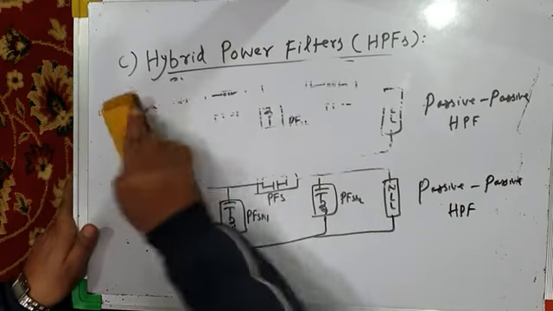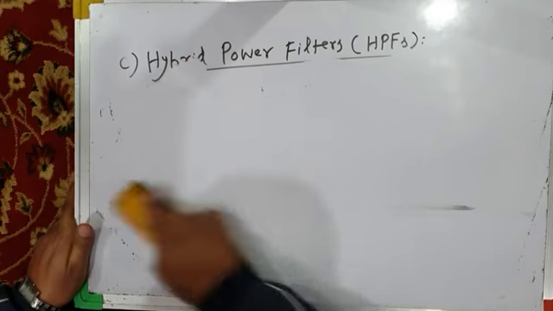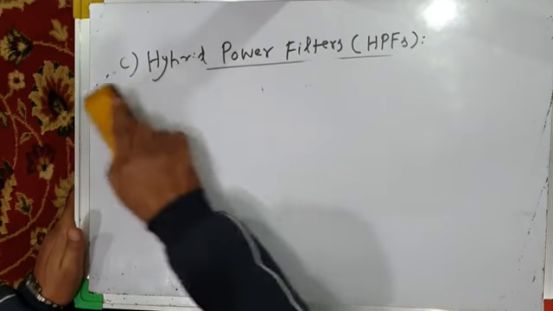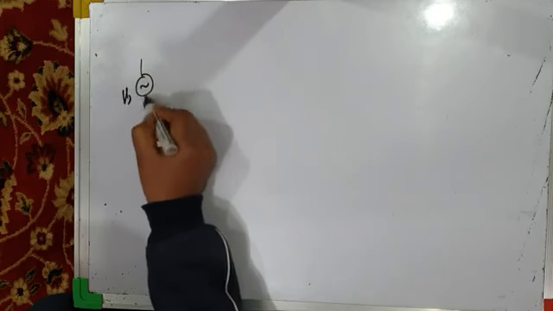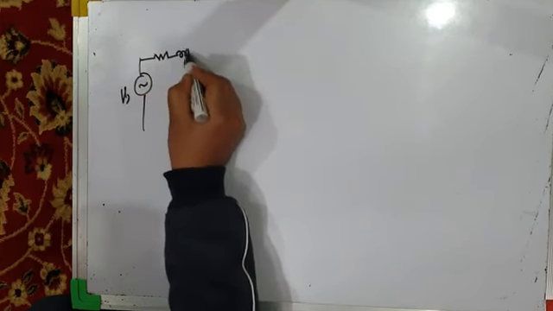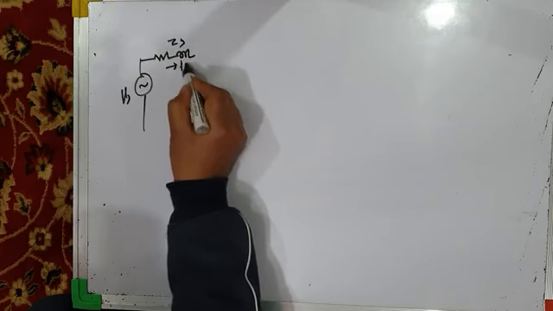Now let us go to passive active hybrid power filter. One example of a passive active hybrid power filter will be like this. This is source voltage, source impedance, source current IS.